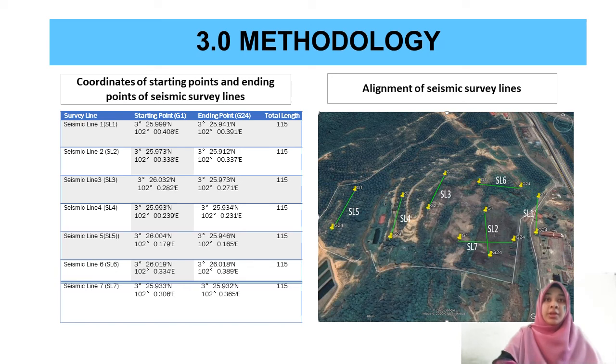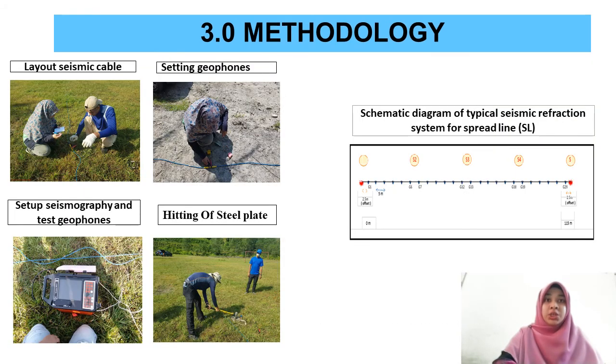Okay, seismic signal generated at each shoot point with 18-pound sledgehammer striking against a metal plate were picked up by the linear array of geophones connected to a Terraloc 24-channel seismograph. Data recorded during field surveying operation was generally good to excellent quality. The numerical schematic diagram of seismic element is shown in this figure.